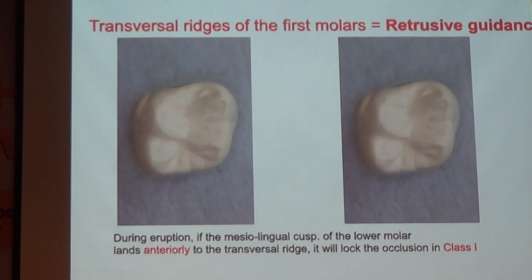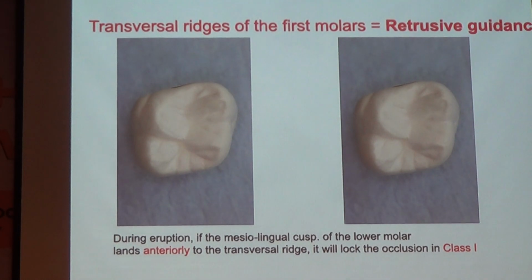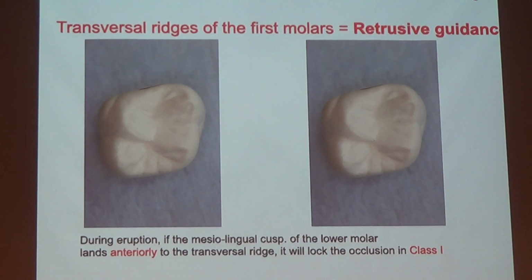During eruption, if the mesiolingual cusp of the lower molar lands anteriorly to the transverse ridge, it will interlock the occlusion in class 1. Trong quá trình mọc răng, nếu múi gần trong của răng cối hàm dưới khớp ra phía trước của gờ chéo này, thì nó sẽ khóa khớp cắn ở hạng 1.